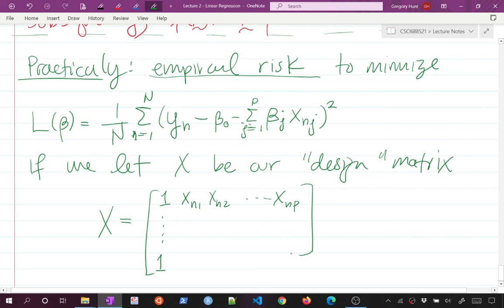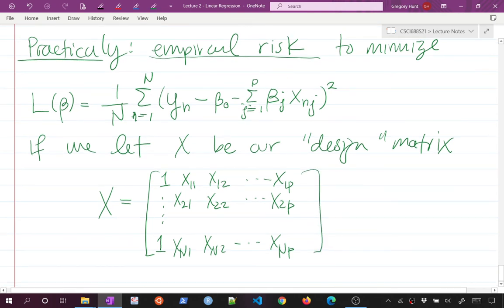So that's our first observation. Then should be n, right? So our first observation: x 1 1, x 1 2, x 1 3, x 1 p. Second observation is x 2 1, x 2 2, through x 2 p, all the way down to x capital N 1, x capital N 2, through x capital N p. So this is our so-called design matrix.